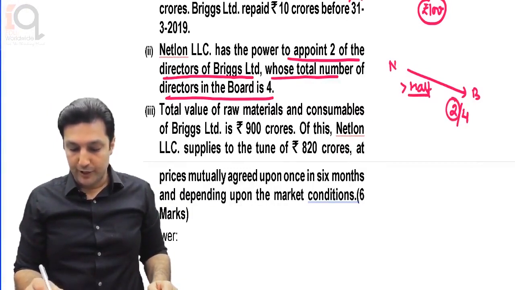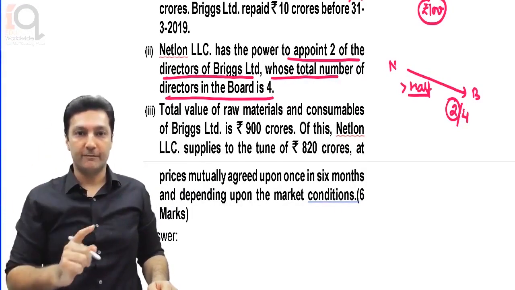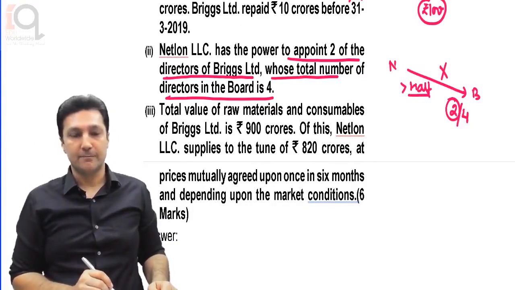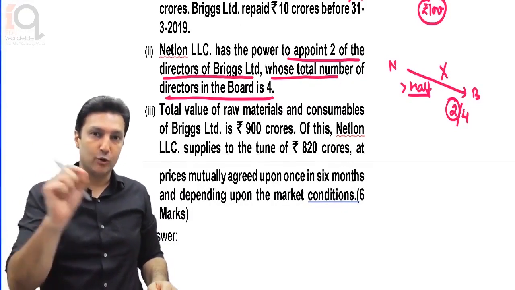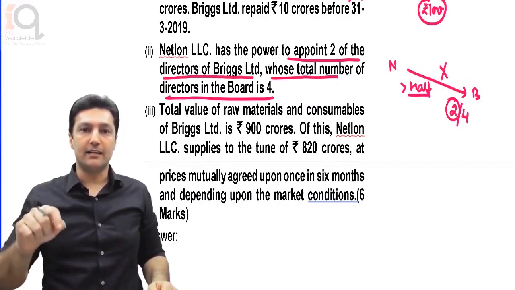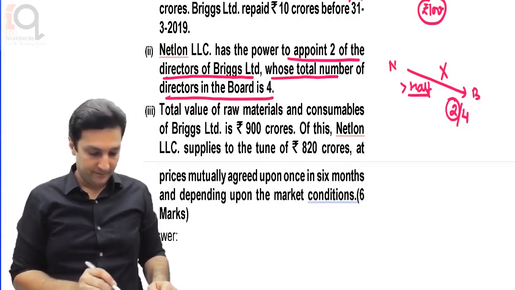He has the power to appoint 2, which is equal to half. He doesn't have the power to appoint more than half. Therefore, these will not be associated enterprises. So 2 points we'll address here. Power to appoint should actually be exercised, and then the second part is that it should be more than 50%. So if it was 3, it would have been fine.